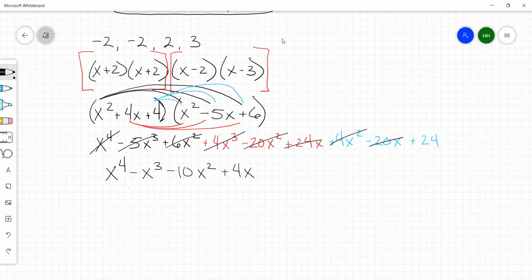And +24. All right, and then you could still answer those questions from yesterday about end behavior. What's the end behavior right here? We've got a leading term that is positive.